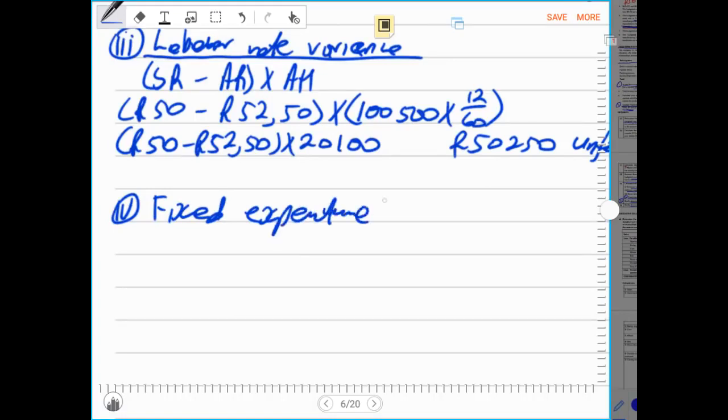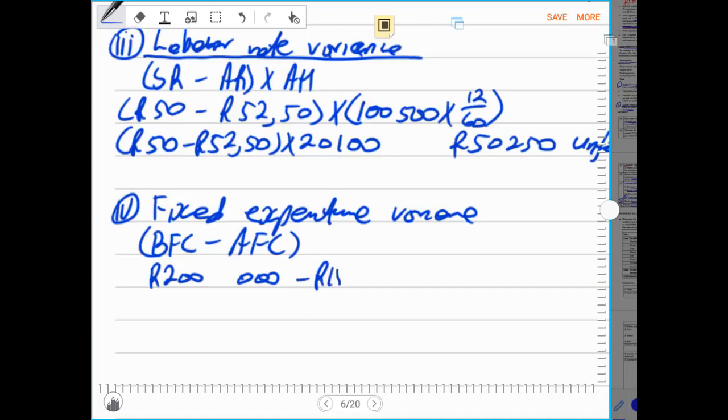Fixed expenditure variance is favorable. It will be budgeted fixed cost minus actual fixed cost, and our budgeted fixed cost was 200,000 and our actual fixed cost was 180,000, and the variance on that will be 20,000 favorable.